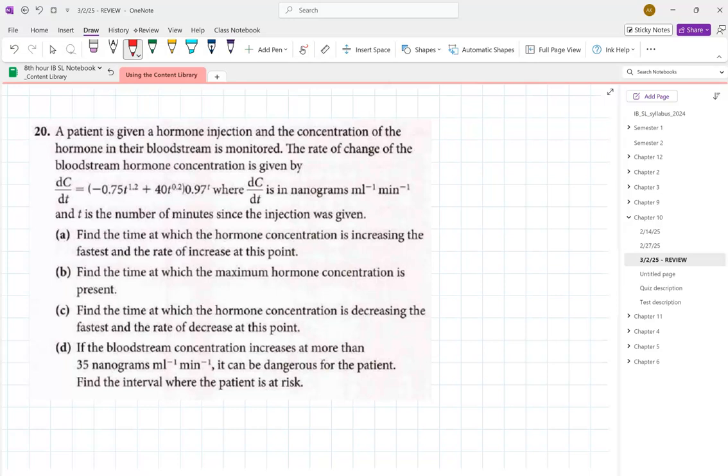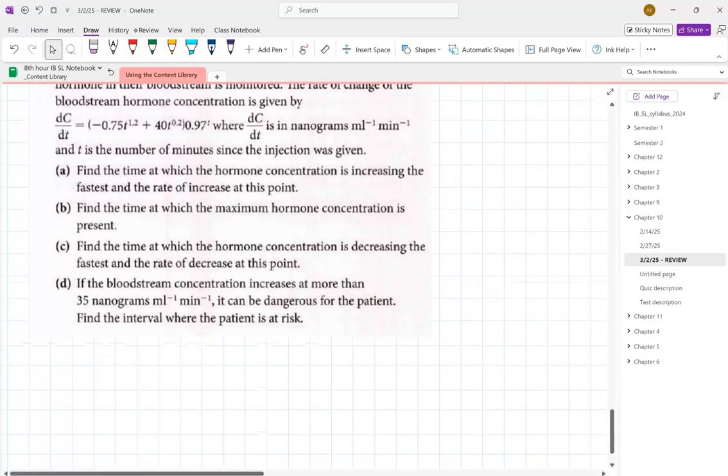The rate of change of the bloodstream hormone concentration is given by dc/dt equals yada, yada, yada, where dc/dt is in nanograms per milliliter per minute, and t is the number of minutes since the injection was given. Find the time at which the hormone concentration is increasing the fastest and the rate of increase at this point.